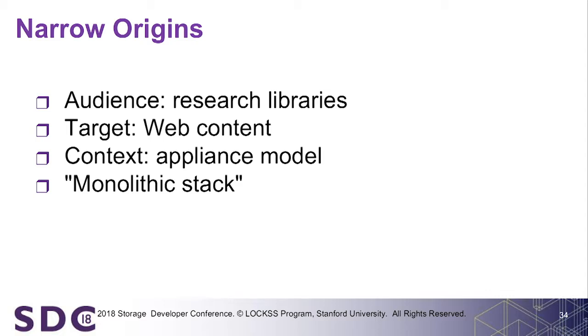The only way to preserve any piece of content with the LOCKSS system for a long time was for that piece of content to enter the LOCKSS system at one end and be preserved all the way through by all the components of the LOCKSS monolithic software stack.